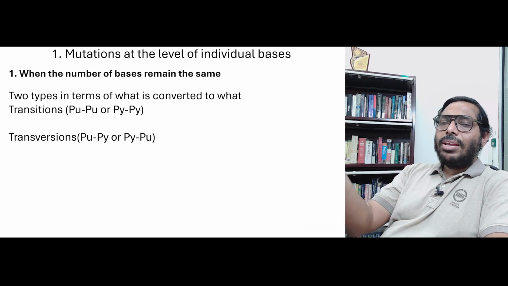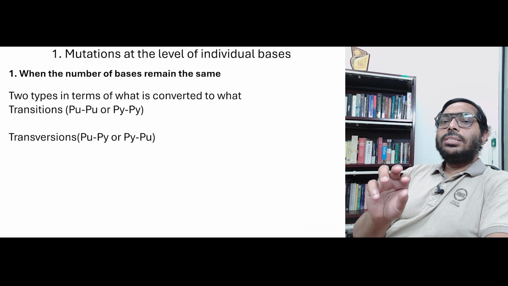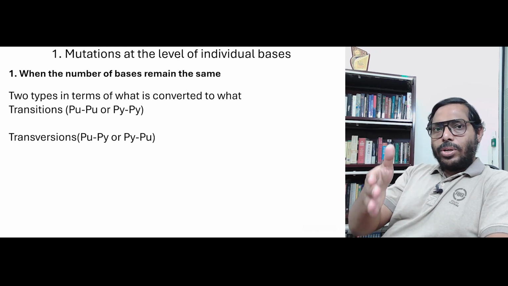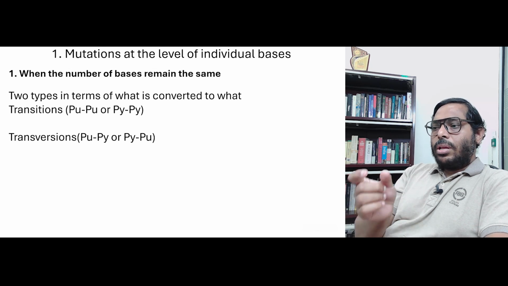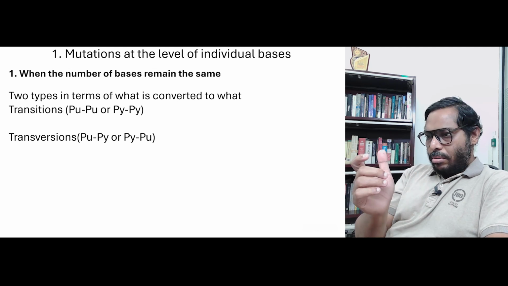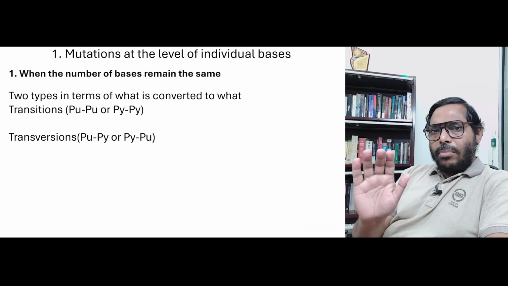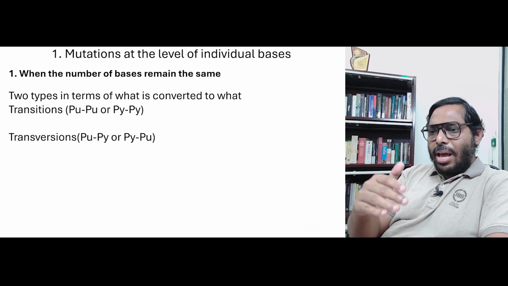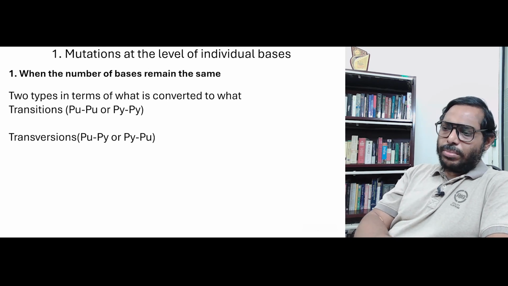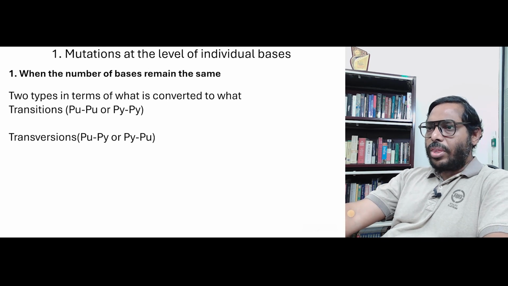You know that there are three codons which are stop codons, and if a mutation is such that a stop codon is generated, then that is where your translation is going to be truncated, and therefore you will get a smaller length of a polypeptide chain. I am simplifying this. Actually, there are many other kinds of nonsense mutations that are possible, but for a basic revision, this should be enough.